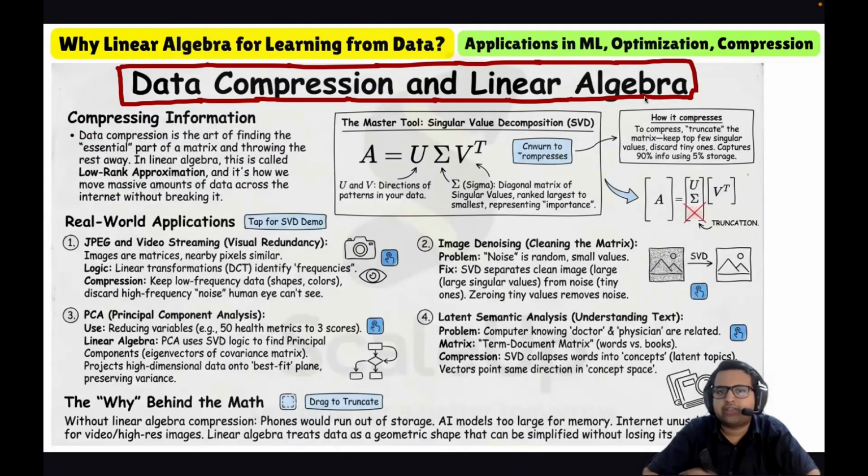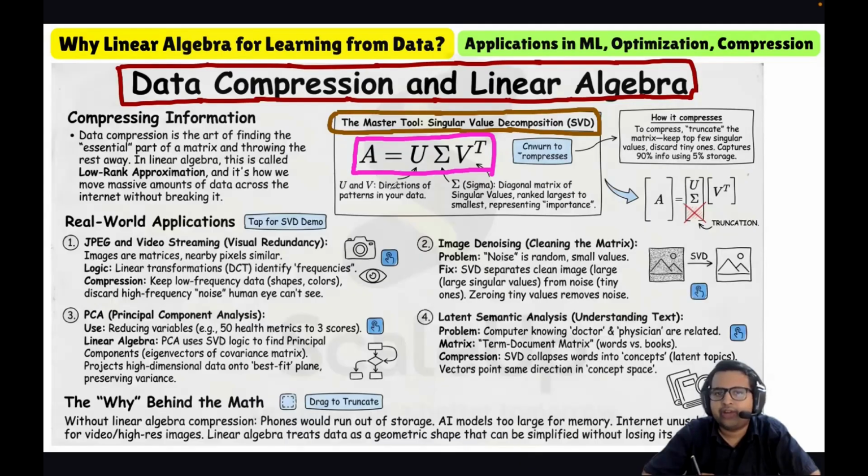Now, the master tool for data compression is singular value decomposition, SVD. You can call singular value decomposition the Swiss Army knife of data science. SVD takes any matrix A and breaks it into three specific parts: U, sigma, V transpose.